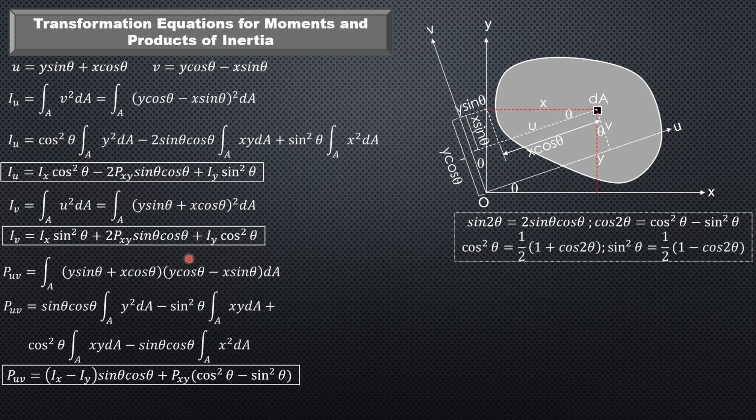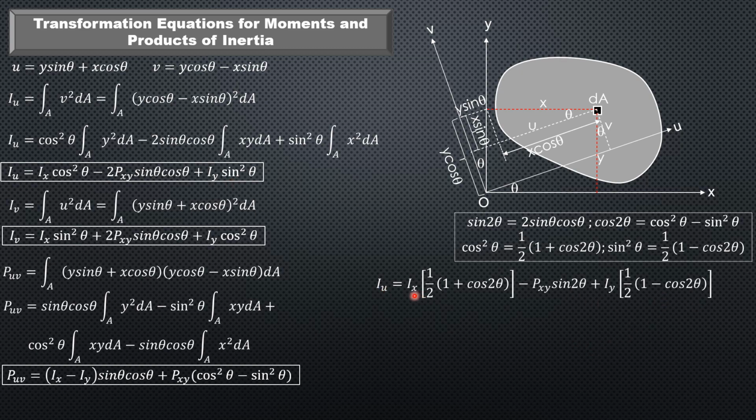To simplify these equations, I sub u becomes Ix times 1/2 times quantity 1 plus cosine 2 theta, minus Pxy, this is 2 sine theta cosine theta, so Pxy sine 2 theta, then plus Iy times 1/2 quantity 1 minus cosine 2 theta.